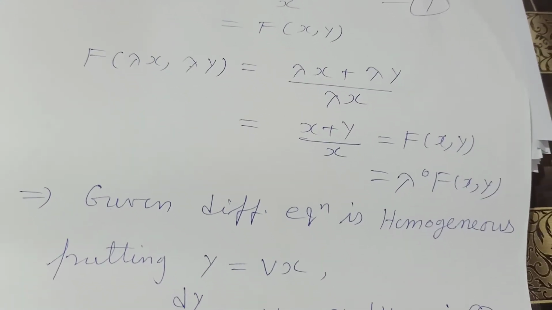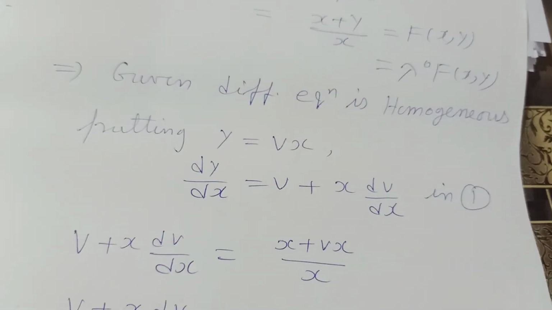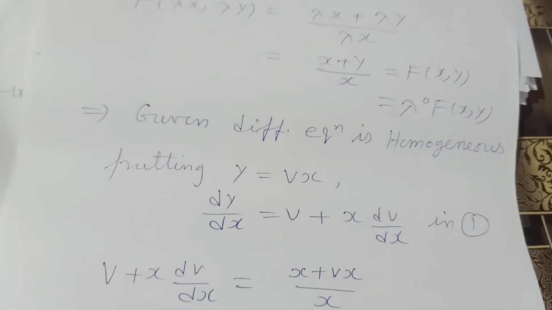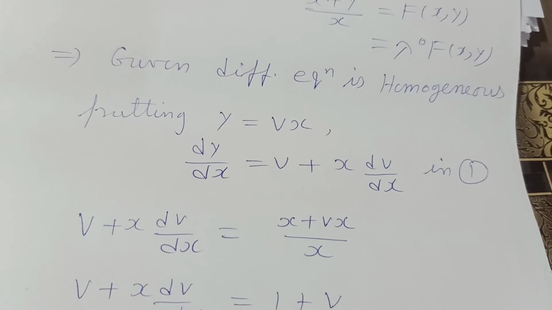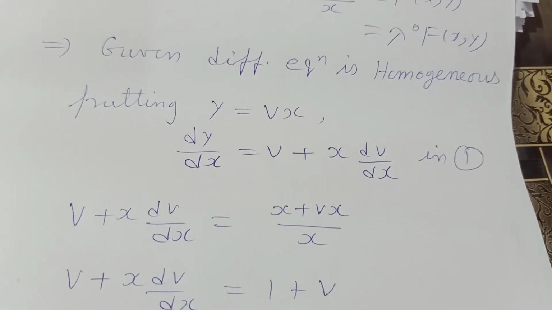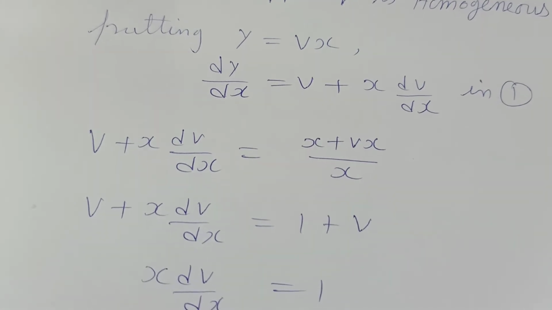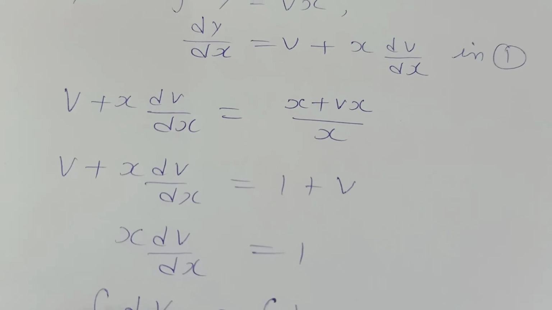So we will put y equal to vx and dy by dx equal to v plus x dv by dx in 1. So 1 means dy by dx equal to (x plus y) by x. We will put the value of y equal to vx and dy by dx in 1. So you will get v plus x dv by dx equal to (x plus vx) upon x. Again solving, we will get v plus x dv by dx equal to 1 plus v, or x dv by dx equal to 1.